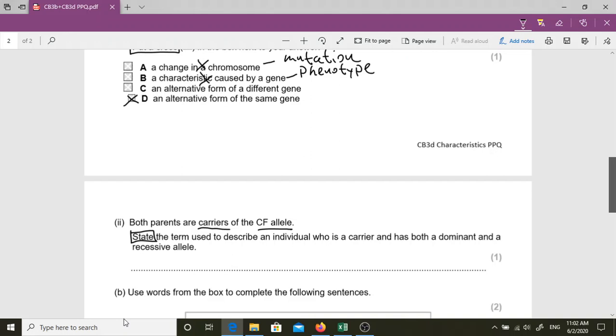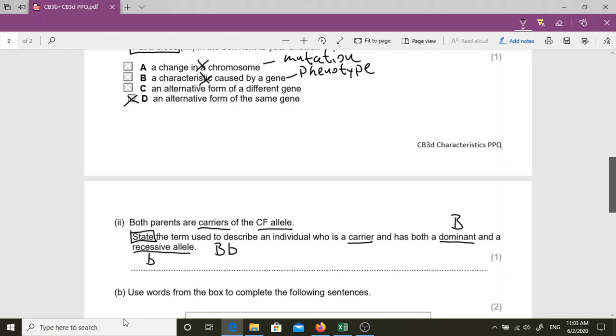So the term used to describe an individual who is a carrier, again important keyword, is one that has both a dominant and a recessive allele. If we wanted to put that into letters, a dominant one would be a capital letter, like a capital B, and recessive would be the lowercase b, so we'd have something that looks like this.